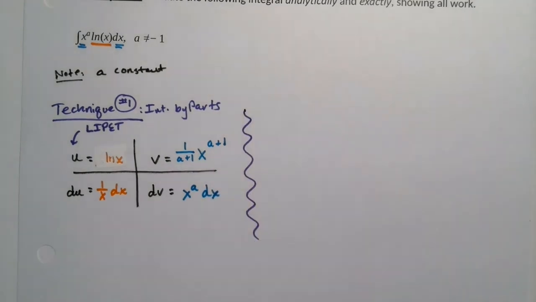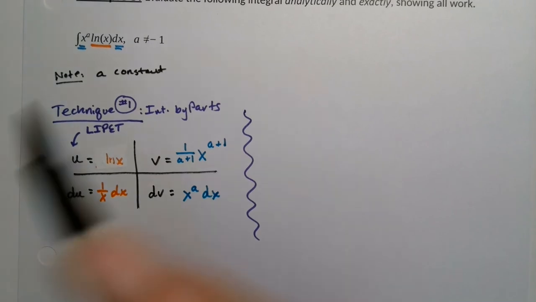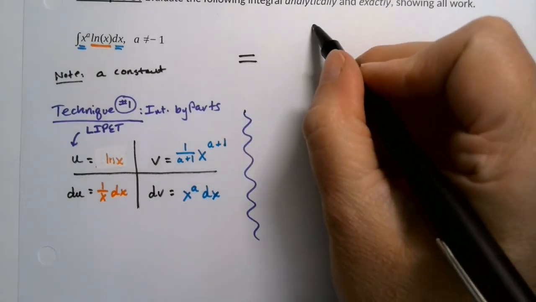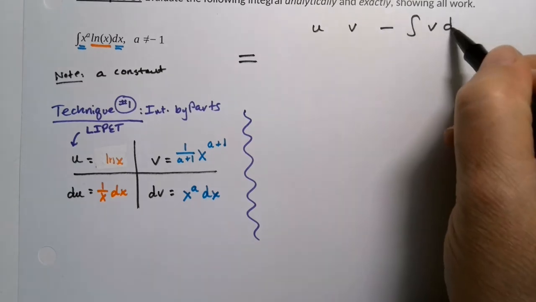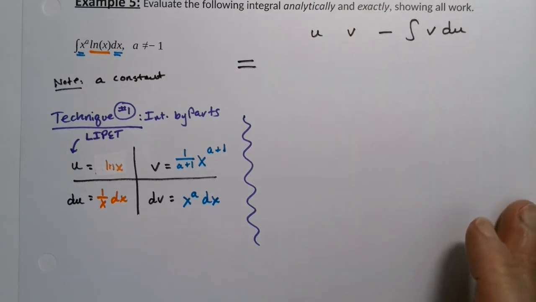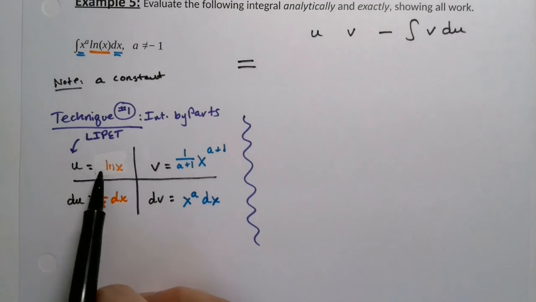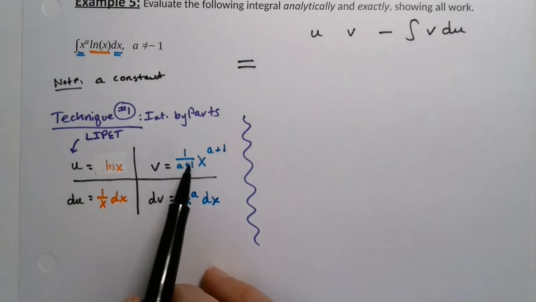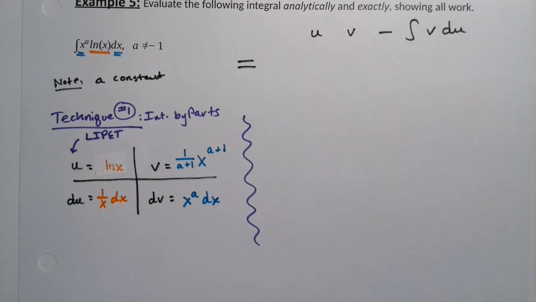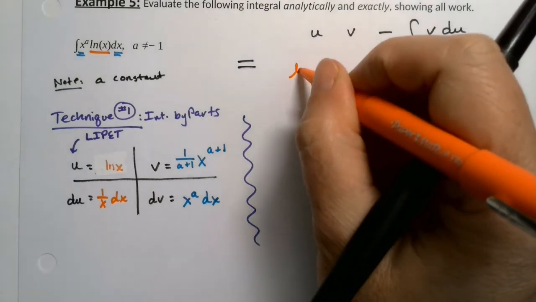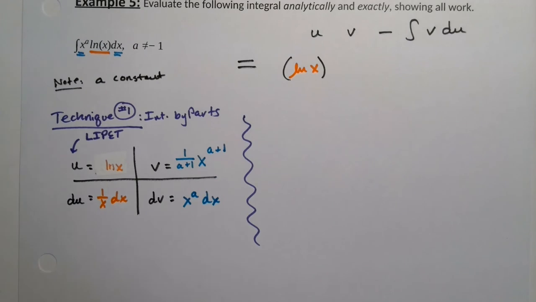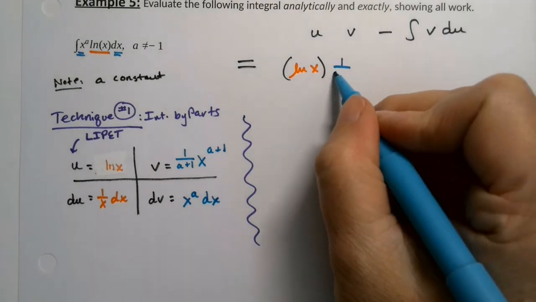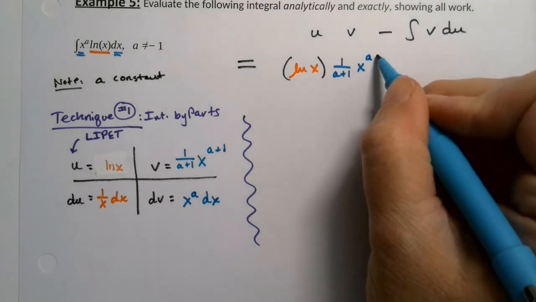All right, so then integration by parts. We have the work set up for us. So when we redo this, we want uv minus the integral of v du. Okay, u times v, that'd be the natural log of x times 1 over a plus 1, x to the a plus 1. So there's u, and then v is 1 over a plus 1, x to the a plus 1.